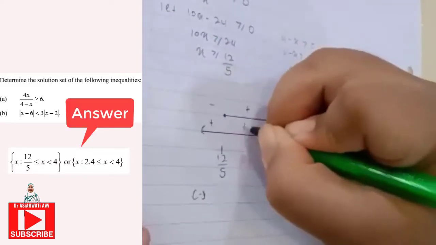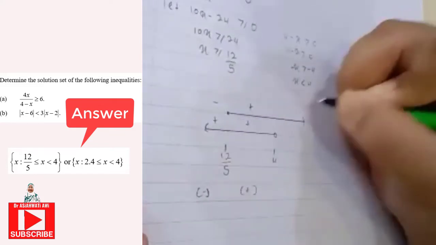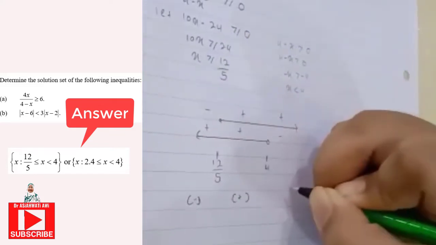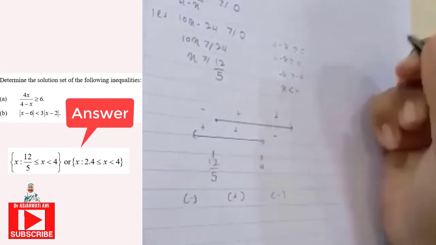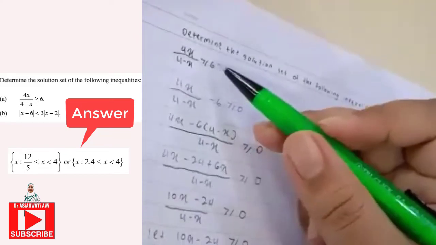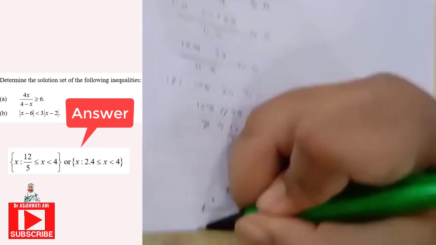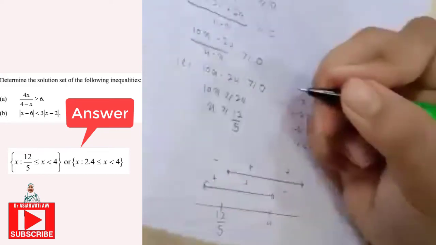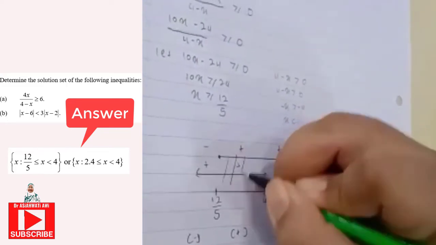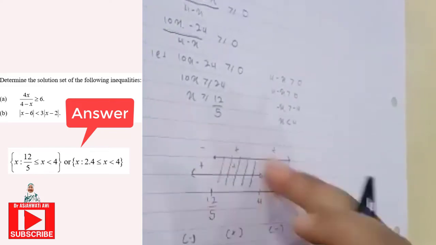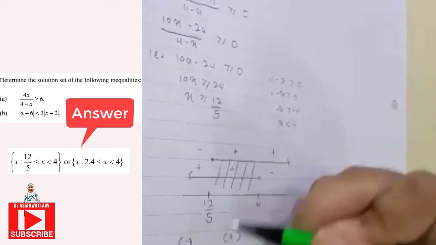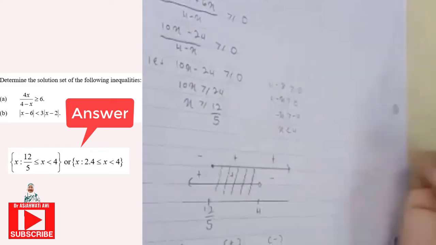This is positive, positive, so it will become the positive side. This is positive, negative, so it will become the negative side. Since the question wants the more than, we need to find the positive one. So we need to draw a shape over here.